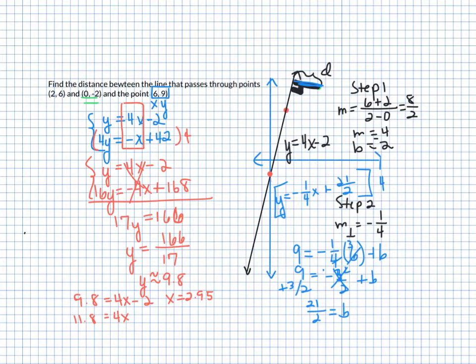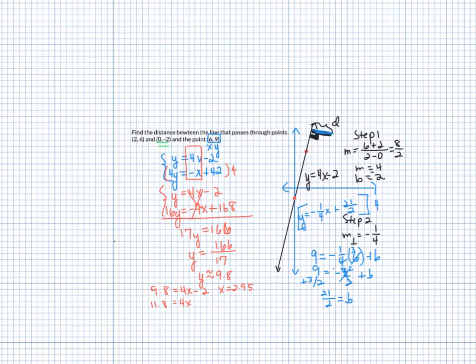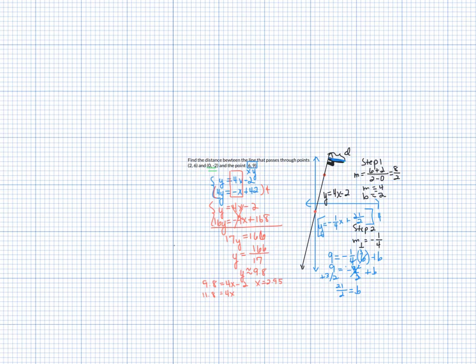So I'm going to make this smaller so that we can have more space. So the point that I now have is (2.95, 9.8). And I'm going to find the distance between that point and the point (6, 9), which is my final step.